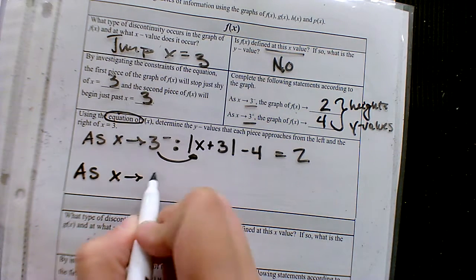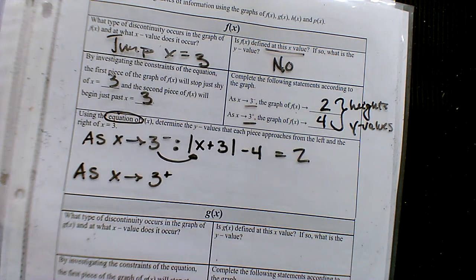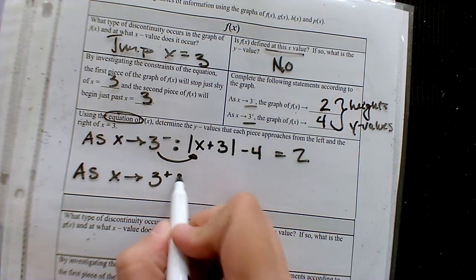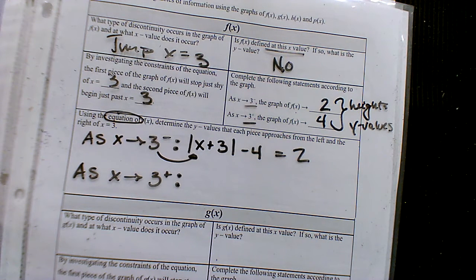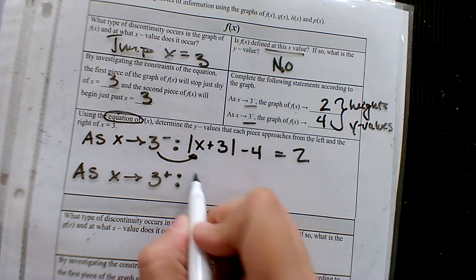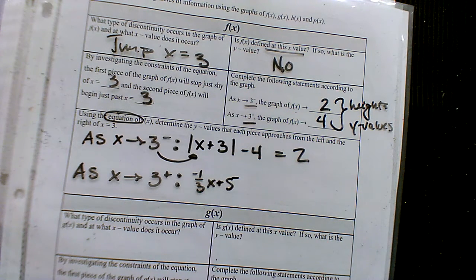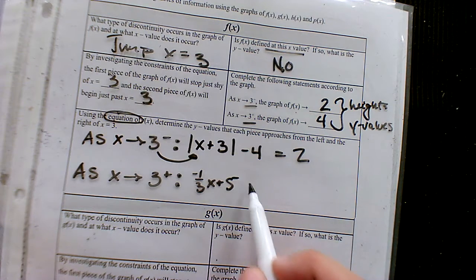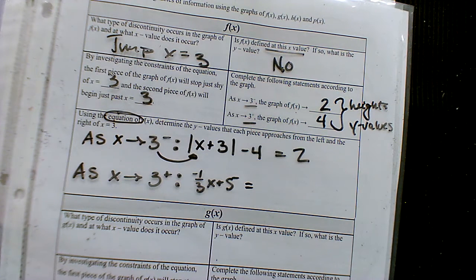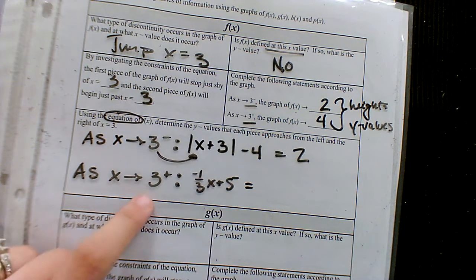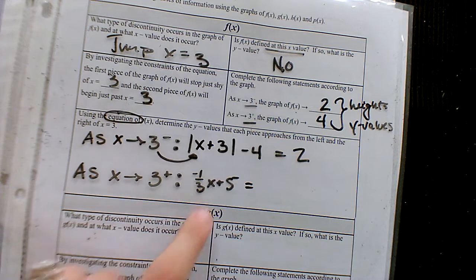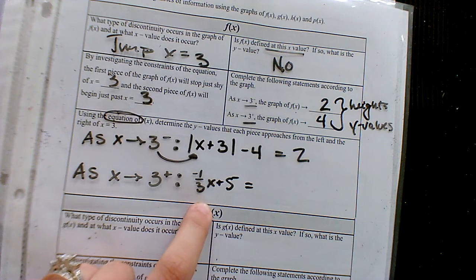Let's check out the right-hand side. As x approaches 3 from the right, if you look at the equations on page 74, that would be the second option. The x value is bigger than 3. If this equation begins at the x value of 3, we want to see what the height is at that spot.